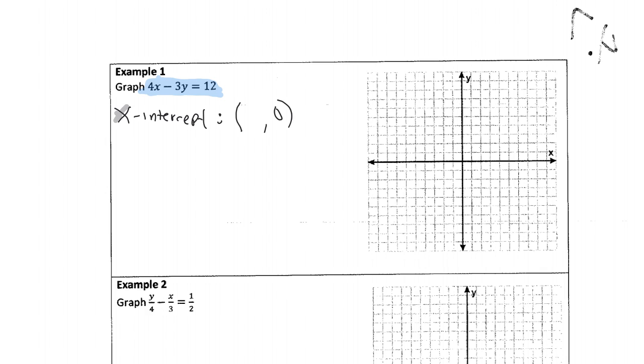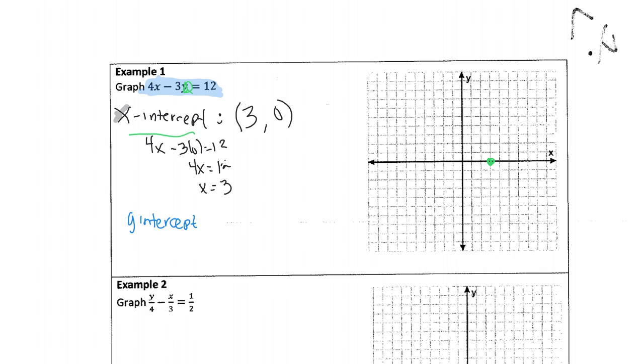All right, so let's find that. That's when we plug 0 in for y. So I'm going to do 4x minus 3 times 0 equals 12. 4x equals 12. X equals 3. So I'm going to graph my point 3, 0. Okay, that's my x-intercept.